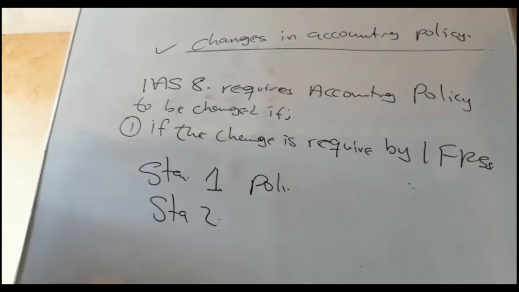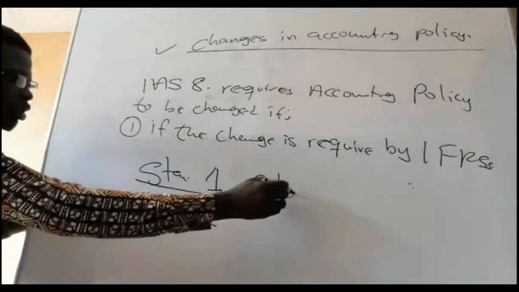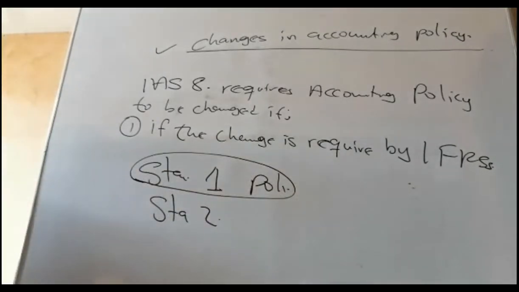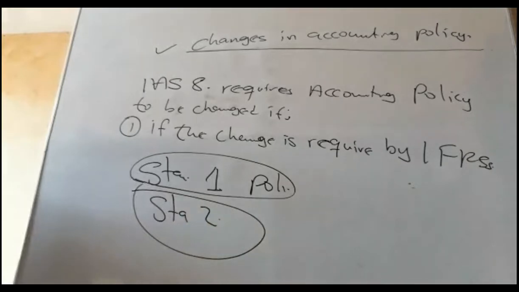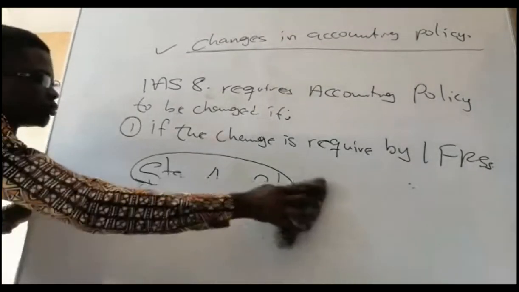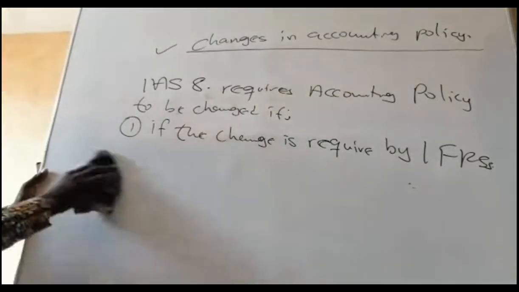So it means that the principles that you followed under standard 1 have been changed according to the new standard, standard 2. They've changed your policy. Have you seen it? Good. So a clear example is IAS 23 in the case of the borrowing cost. Now look out for the next one.